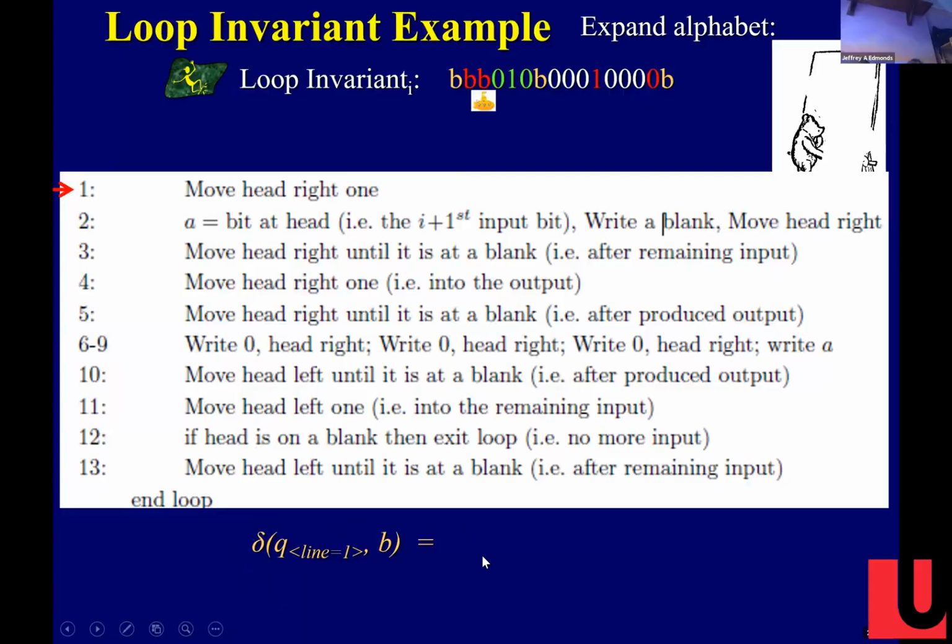All right? So let's read the code. What I tell you to do is read the code until the head moves. What happens? We move the head right. The head moved, right? So that was pretty quick.